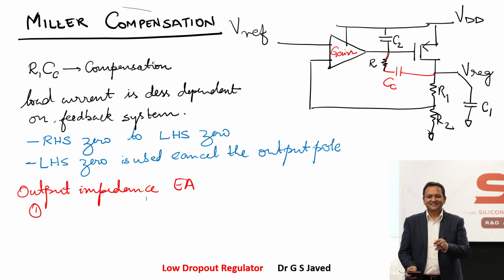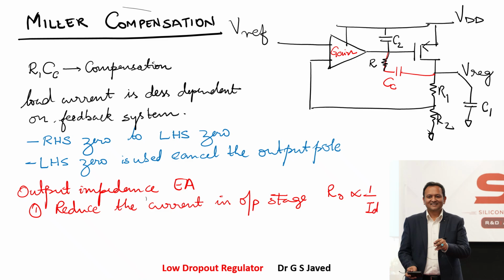One, you can reduce the current in the output stage. Why? You know that the output resistance is inversely proportional to the drain current passing through a transistor. So you will have this relationship. Second, you can use a cascode output stage.